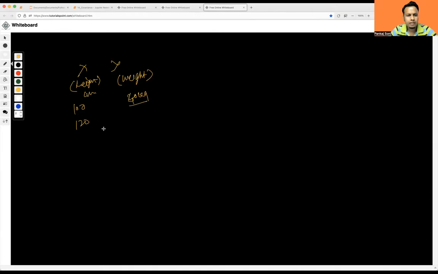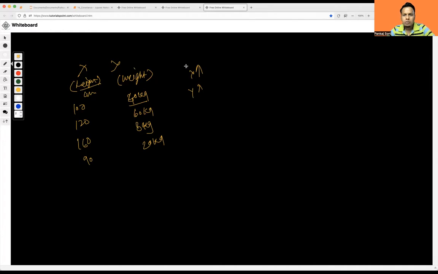Maybe I'll take 40 kg. 120 is 60 kg, and 160 is, let's say, 80 kg, and maybe 90 centimeters is, let's say, 20 kg. Whenever you plot correlation, you may see that as x goes high, y is also going high. So basically, when height is increasing, automatically weight is also increasing.